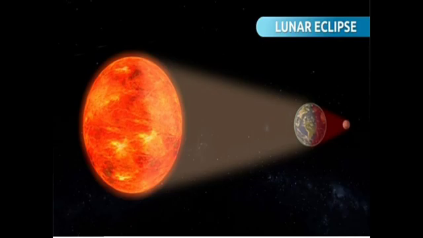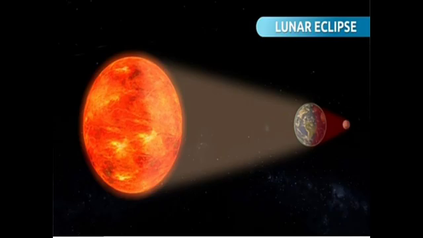Now let us learn about the lunar eclipse. In a lunar eclipse, the earth comes between the sun and the moon, as you can see. So the moon may pass through the umbra of the earth's shadow. When this happens, the moon becomes dark and there is a total lunar eclipse.